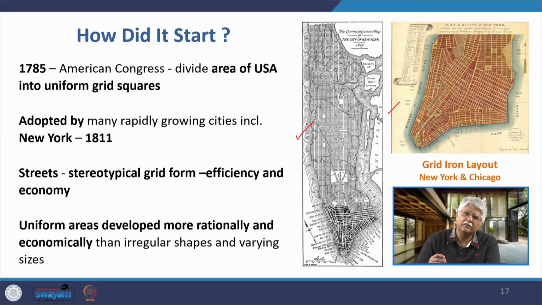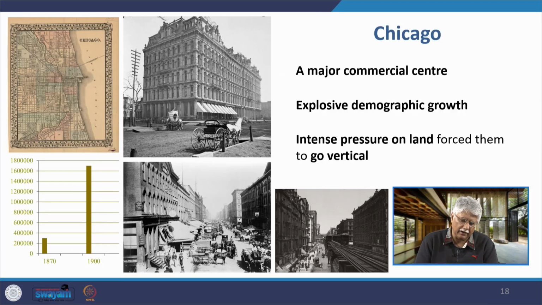The streets were stereotypical grid forms which were both necessary for efficiency and economy, and uniform areas could be developed more rationally and more economically than irregular shapes and varying sizes. This was the fundamental thought behind it, that if you have uniform areas, you can economize, you can build more efficiently, you can build more rationally by having uniform grid layouts.